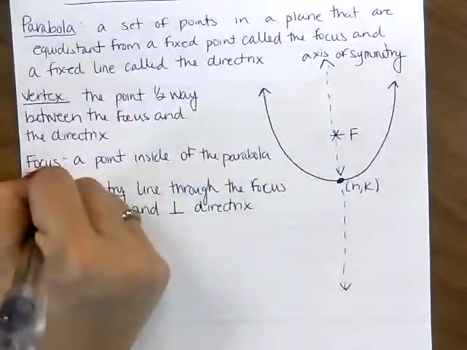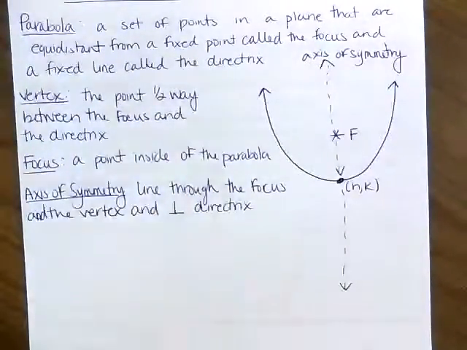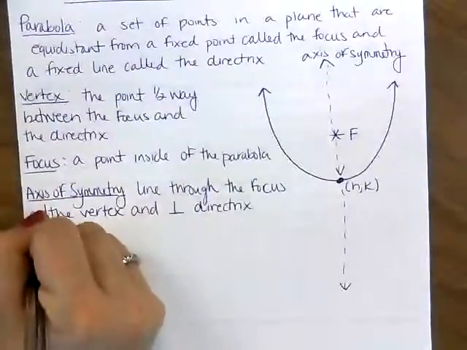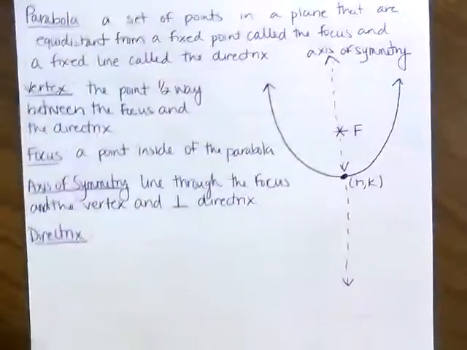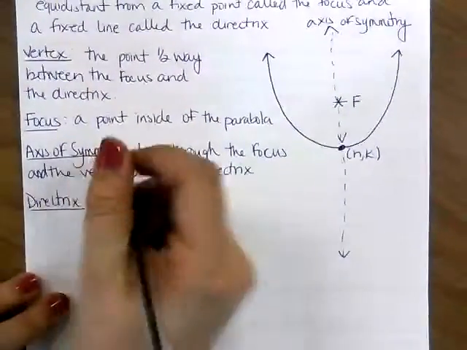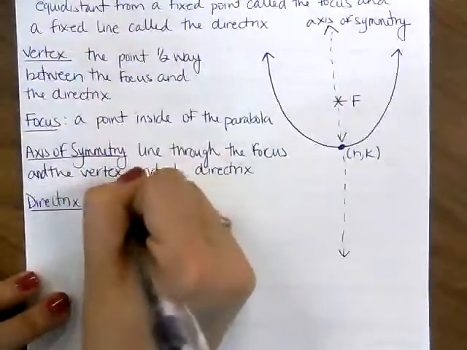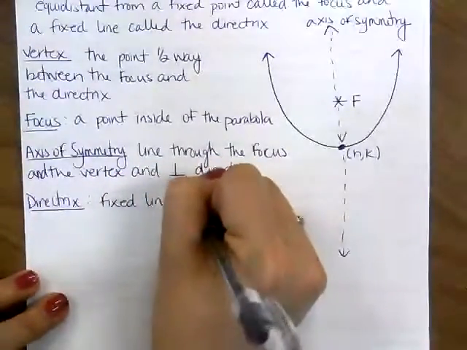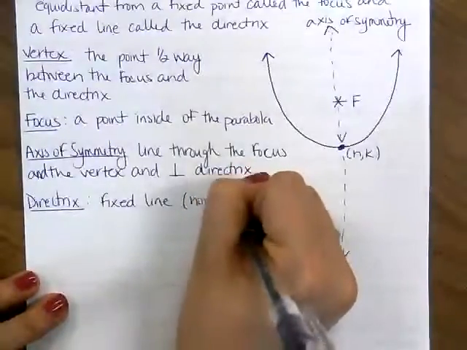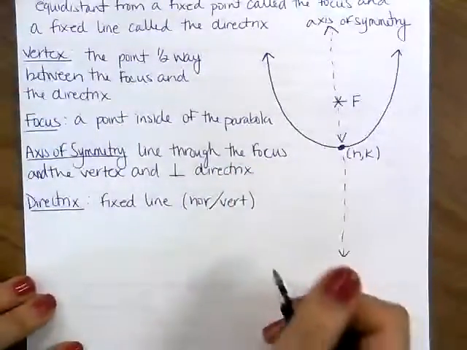Okay, so let's define the directrix now. Okay, so the directrix is a fixed line. It can be horizontal or vertical, depending on the parabola.